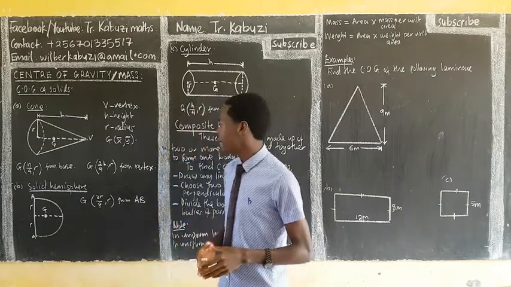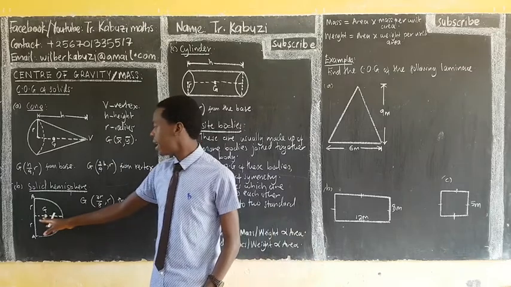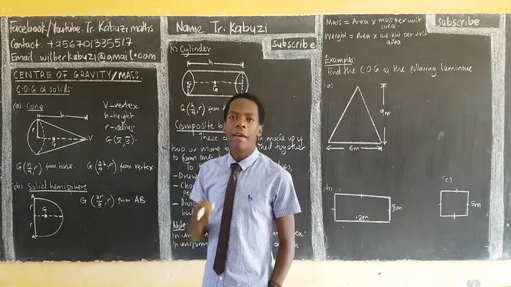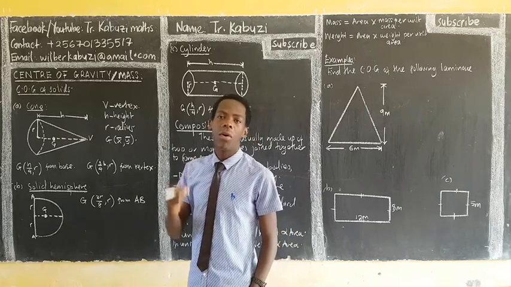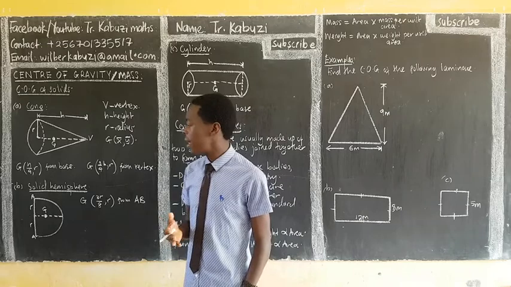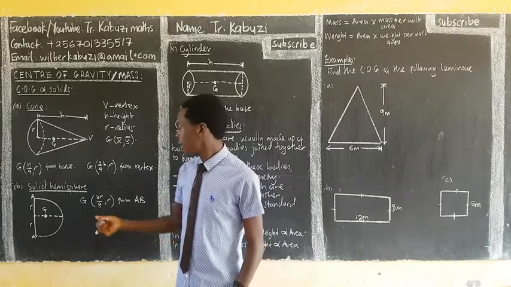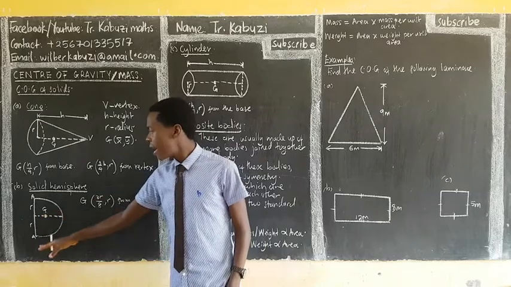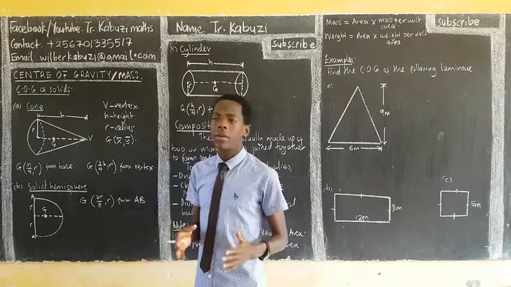Then the solid of the sphere is going to be, if this is the D, we said always, the center of gravity is on the line of symmetry of a solid, of a body. So here you see this line of symmetry divides the object into two.